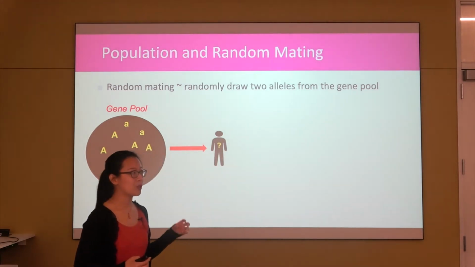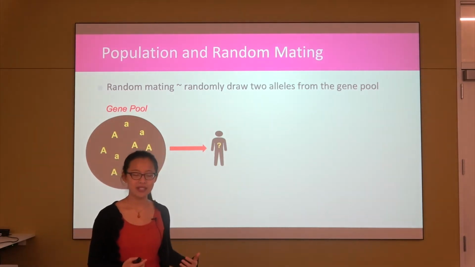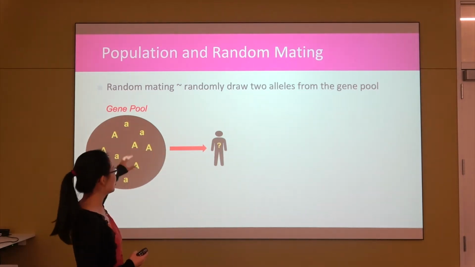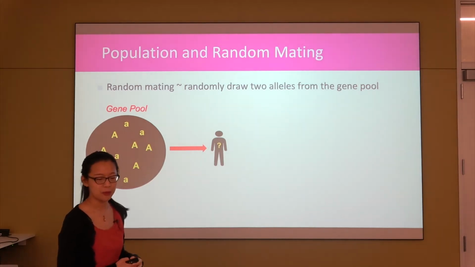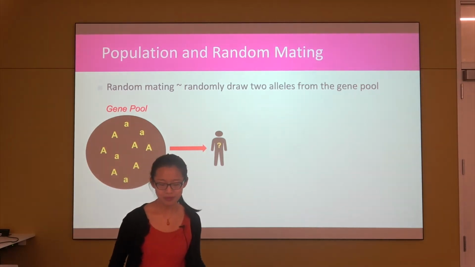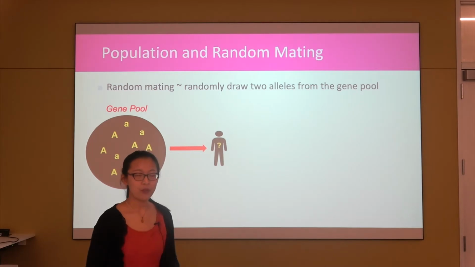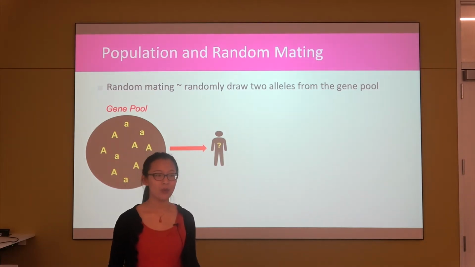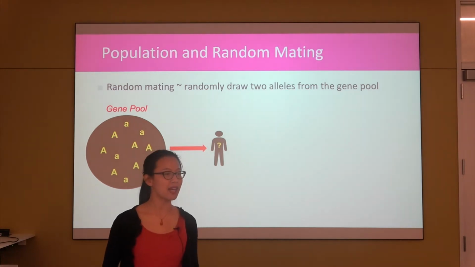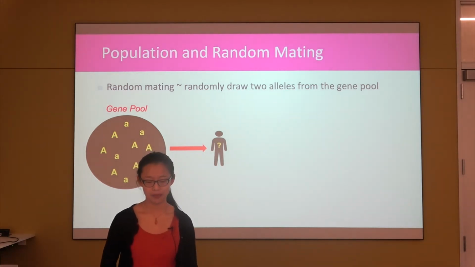So random mating, producing one individual, is essentially randomly drawing two alleles from this gene pool and making one individual. With two types of alleles, we can make a total of three types of genotypes: big A big A, big A little a, or little a little a.